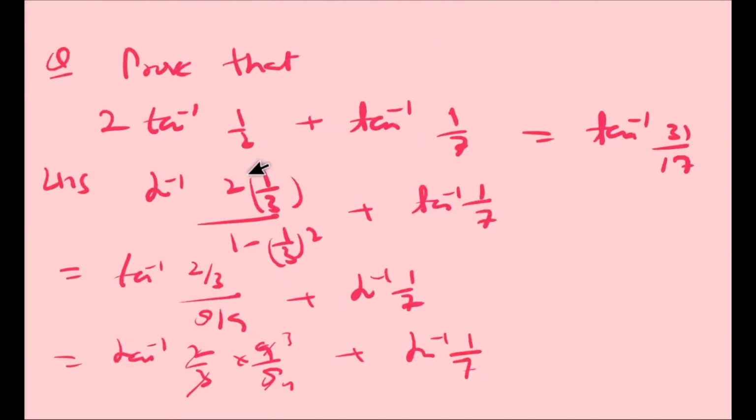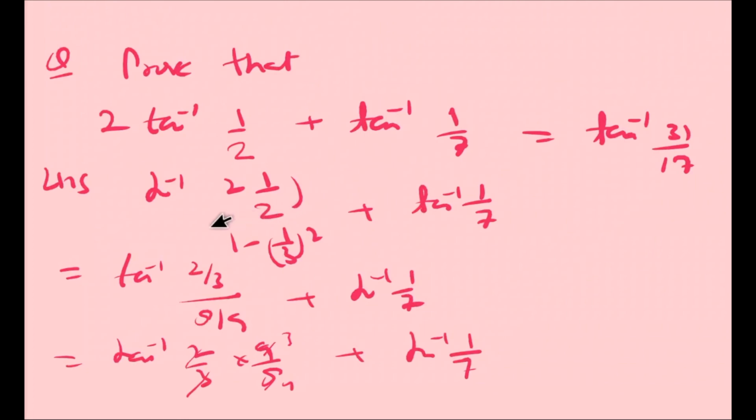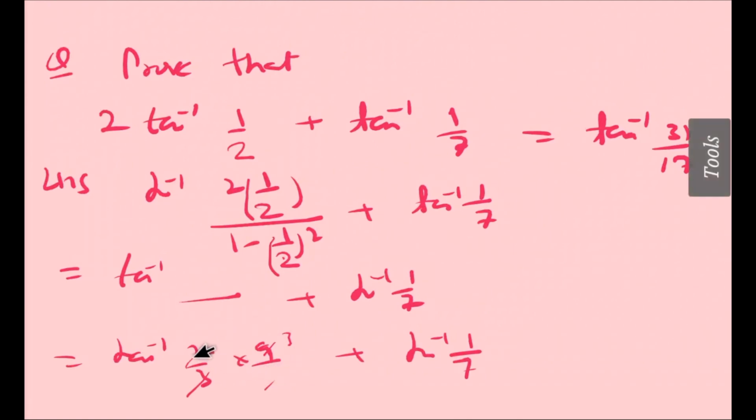2 tan inverse 1 by 2, so we get here 2, so we get here 1 upon, now we can say, write it again.